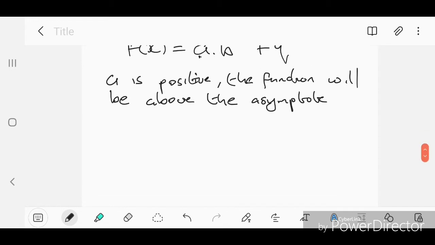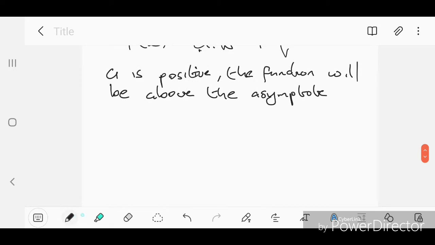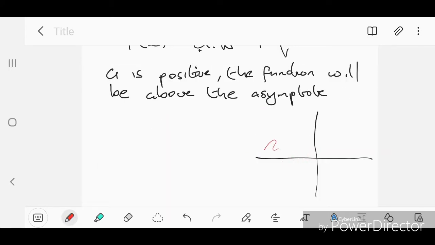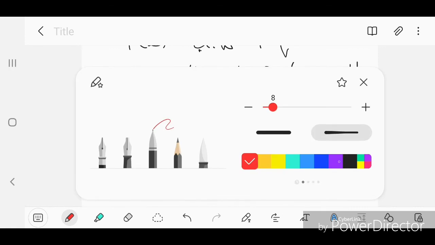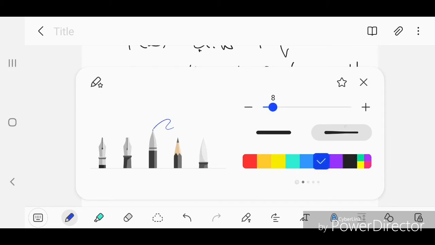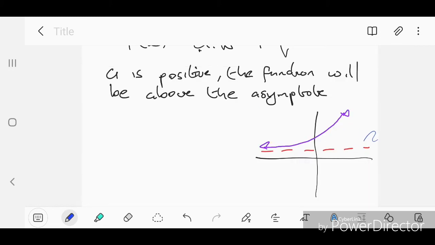All right? For instance, if I have a function, and maybe the q is here, this is my q, the function must be above the asymptote. This is the asymptote. This is what I mean by the function must be above the asymptote. It can also come from the other direction like this.